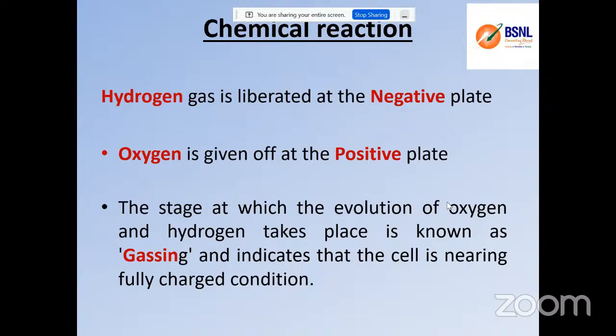Whenever you do maintenance of the batteries, you pour distilled water, because gassing happens during the charging and discharging course. To keep the electrolyte in proper condition, we pour the distilled water to maintain the electrolyte levels.